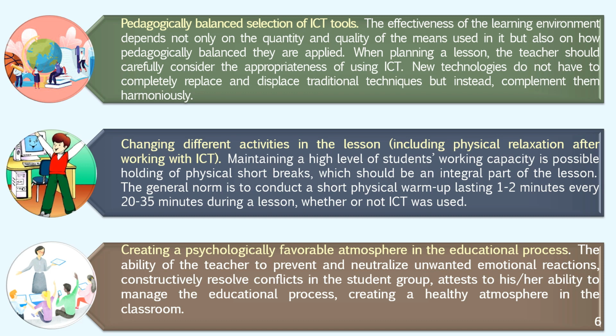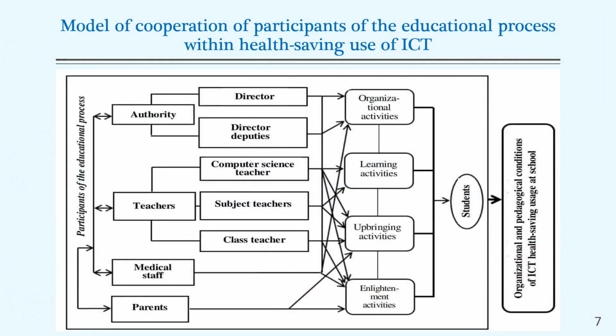Next. The ability of the teacher to prevent and neutralize unwanted emotional reactions, resolve conflicts in the student group, attests to her ability to manage the educational process, creating a healthy atmosphere in the classroom. Coordinated interaction. On the picture, you can see interaction among stakeholders.